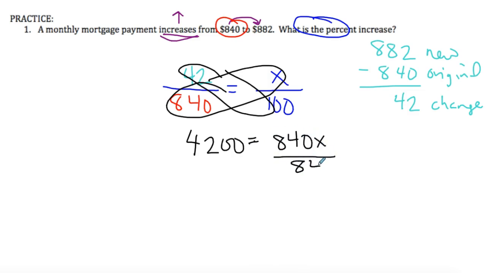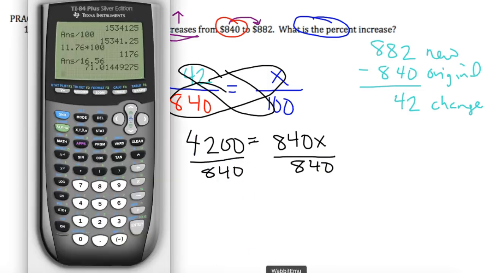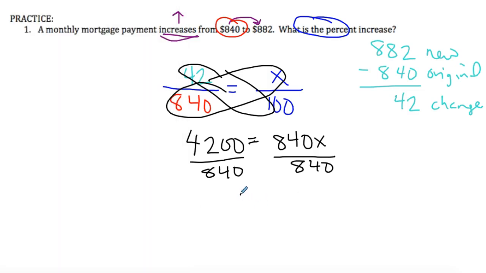I'm going to divide by 840 because that's the number in front of x. 4,200 divided by 840 is 5. So what that means is I had a 5% increase in the mortgage payment.